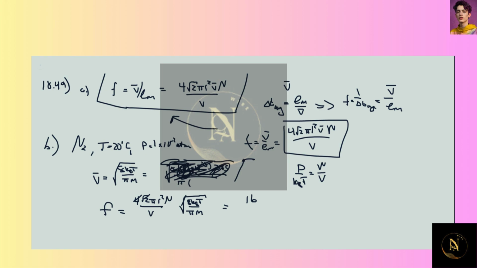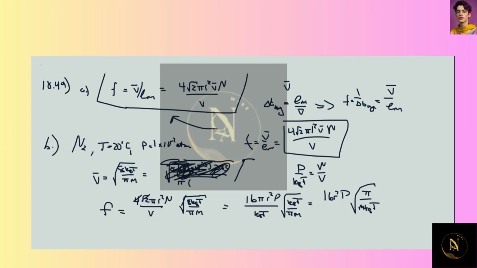And then we also have pi r squared, and N over V is P. So we have a kBT on the bottom, and we have the square root of kBT over pi m. So we can simplify this even more. This is 16 r squared P times the square root of pi over m kBT.